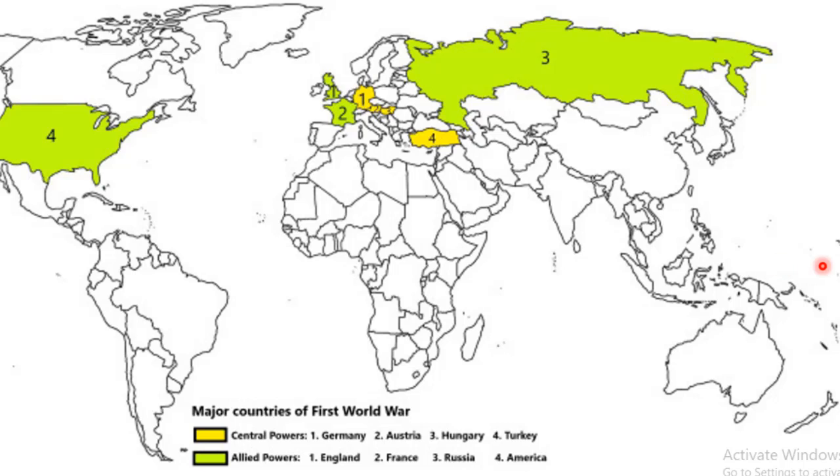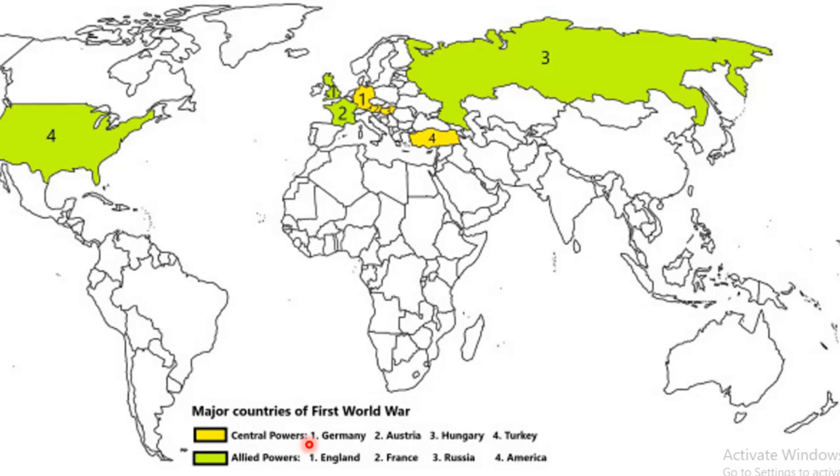Next is the main thing. Whenever you get a world outline political map, you may be asked to mark, or you can go for shading, either the Central Powers or the Allied Powers. So just look at this.